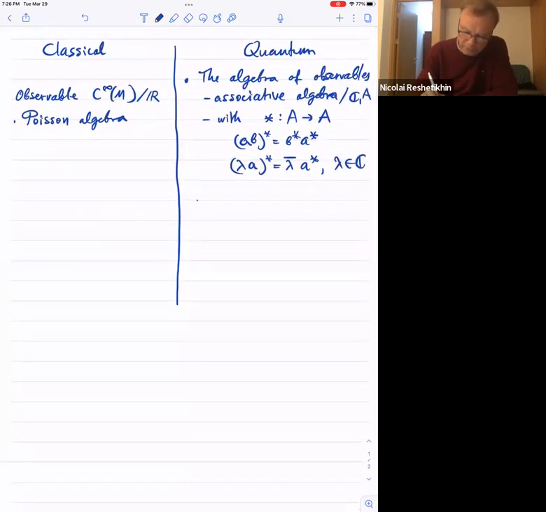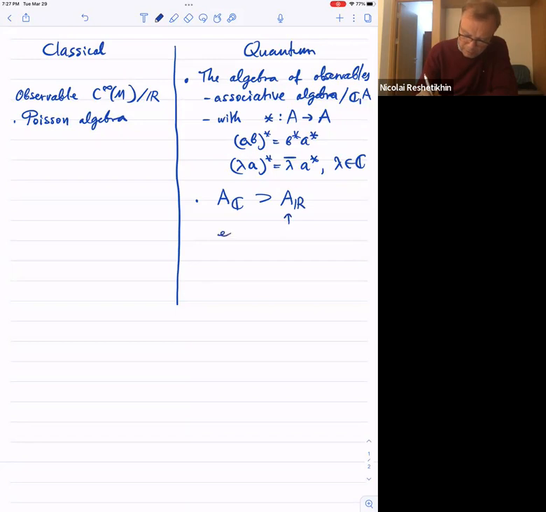So in this complex vector space with an associative algebra structure and this antilinear involution, we have a real subspace.